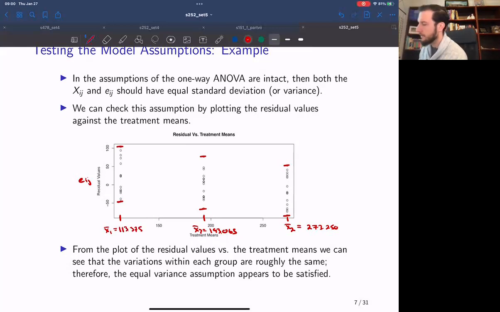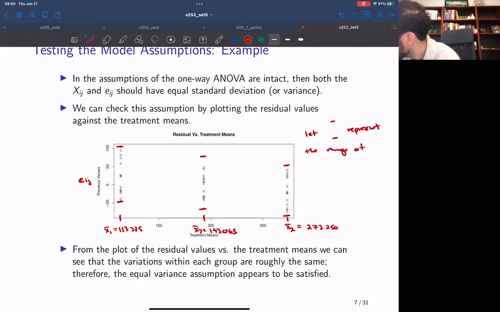So we can write, let this represent the range of each group. If all ranges are equal, then assume constant variance.